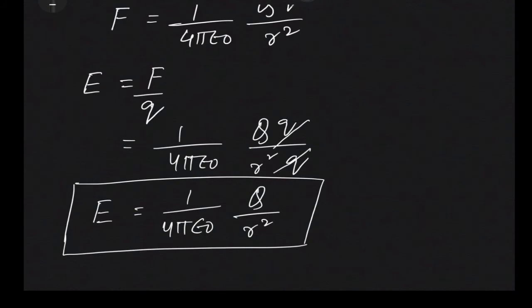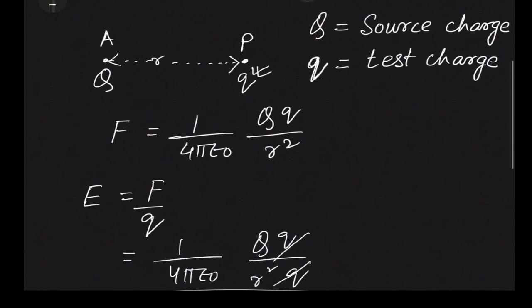Now if you want to write this expression in vector form, you can definitely write it. We will make a slight change over here. The test charge which we take is always positive, remember it. In this case my source charge capital Q is also positive and my test charge is positive, so plus Q charge is going to repel this charge in this direction. So let me introduce one unit vector r cap.